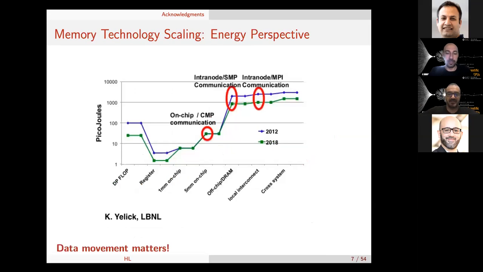My next slide shows another point to highlight, looking at memory technology scaling from the energy perspective: how much energy it takes to compute at the level of the registers, compared with how much energy it costs to move the data off chip. There is at least one to two orders of magnitude difference in energy consumption.